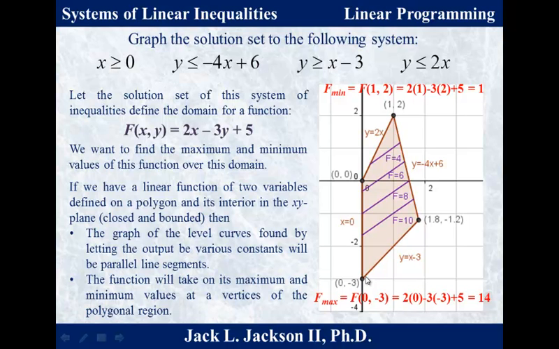And that's going to happen if you ever get a table and you get the same value at two vertices that are adjacent, then it turns out that the whole line would be the same, and so it would reach, say, a maximum all the way along this line if that line was actually one of these contours. So if you got the same output at two vertices, then that's the same output all the way along that line. Okay? That's kind of an unusual situation.